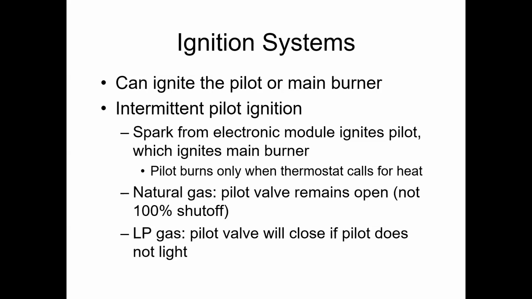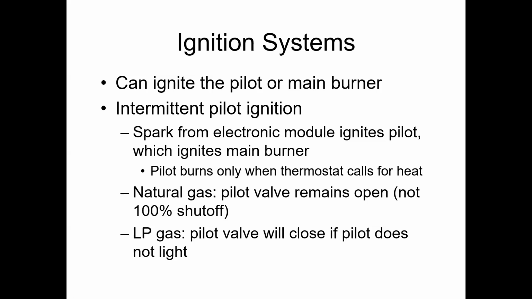The only difference with the intermittent pilots as far as operation with natural gas or LP is that in an LP system, it'll close all the way if it doesn't sense a flame, if it doesn't light or ignite. With natural gas, the pilot valve remains open. It's not 100% shut off.